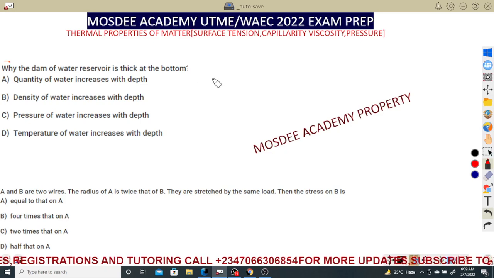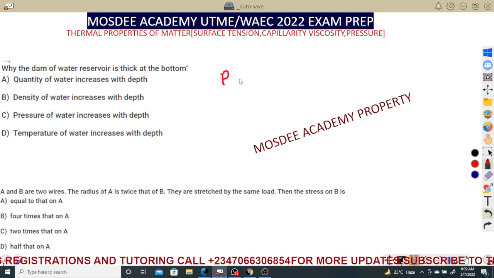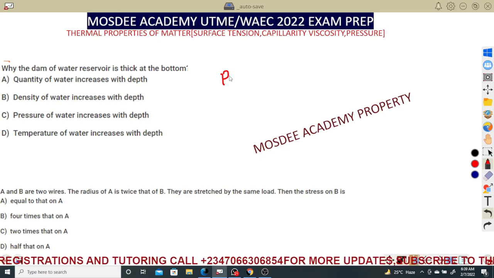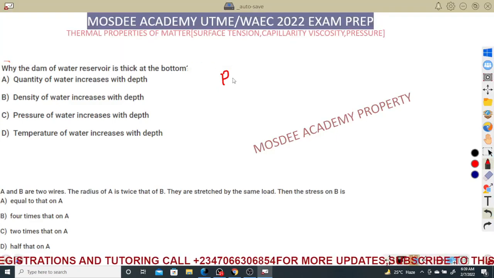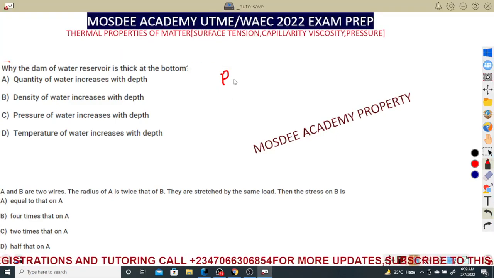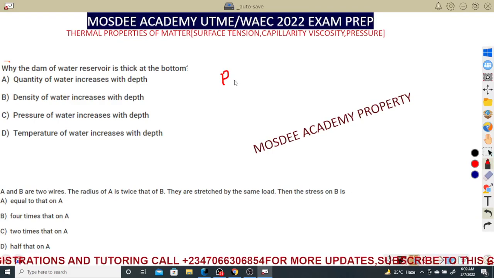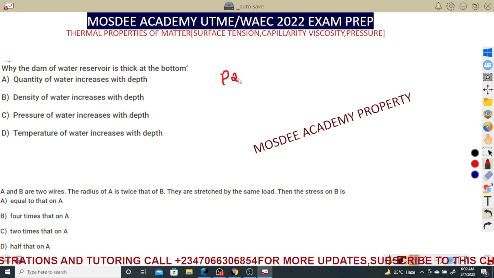So the pressure is dependent on height. We have discussed that pressure increases with depth, and this pressure depends on height. So you definitely know that there will be some kind of forces acting at the sidewall.